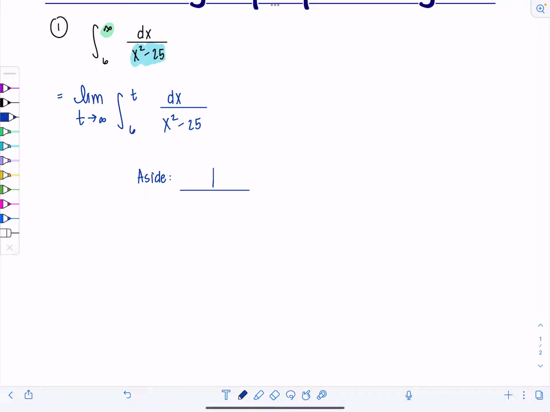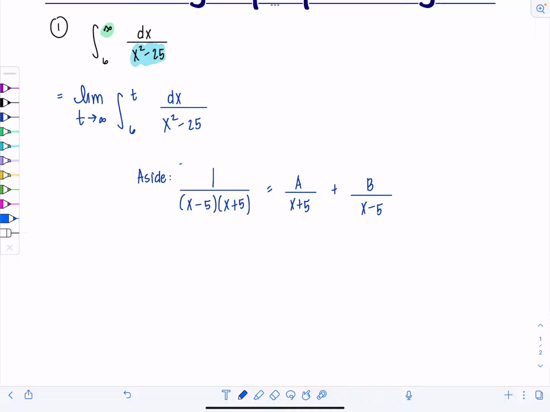I'm going to factor it into x minus 5 times x plus 5. And so the decomposition will have the form a over x plus 5 plus b over x minus 5. If you need a review of how to do partial fraction decomposition, I'll link it right here. Upper right, just click away.